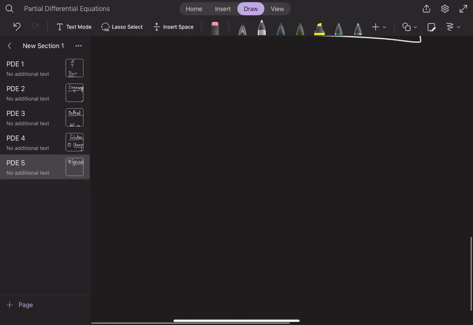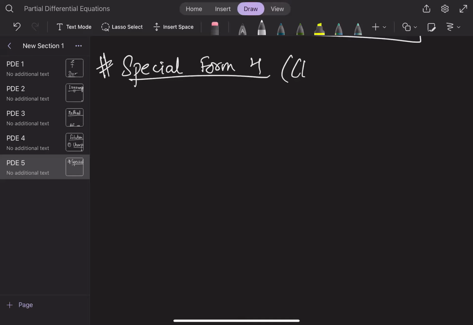Now let's look at our final special form. This is special form number 4. It is also called Clairaut's form. This has all x, y, z, p and q.